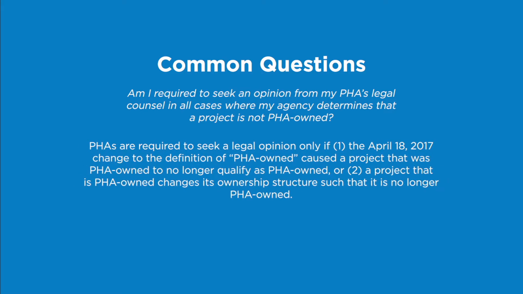PHAs are required to seek a legal opinion only if 1. The April 18, 2017 change to the definition of PHA-owned caused a project that was PHA-owned to no longer qualify as PHA-owned, or 2. A project that is PHA-owned changes its ownership structure such that it is no longer PHA-owned.